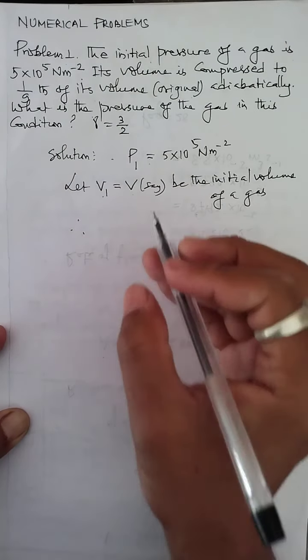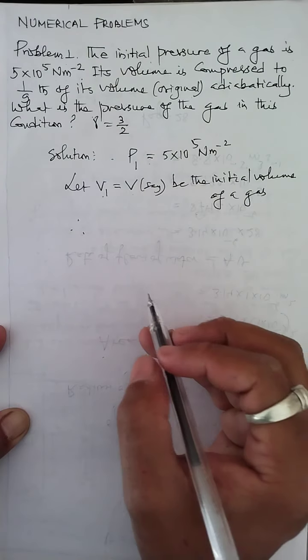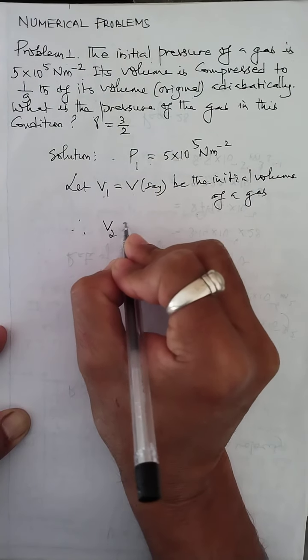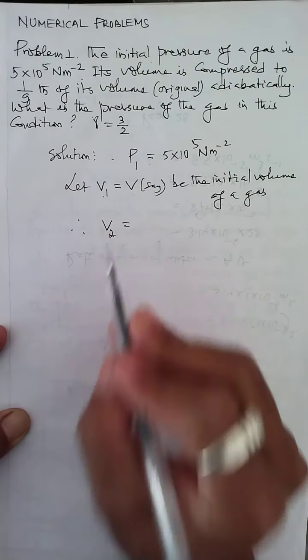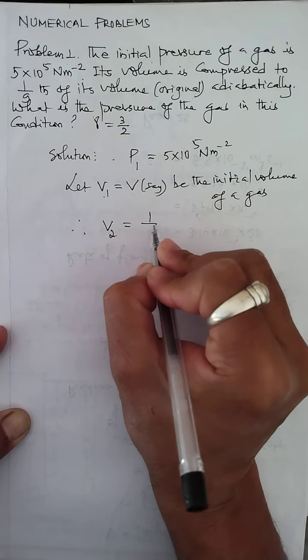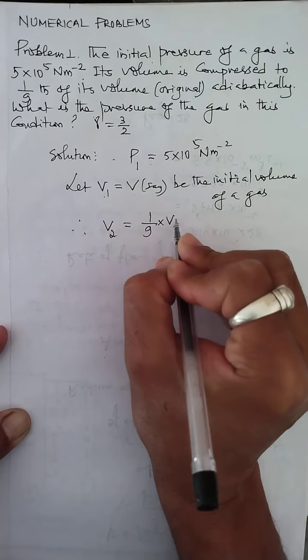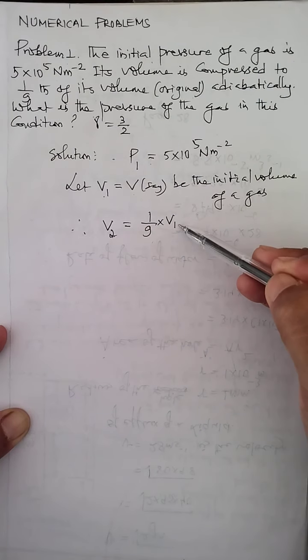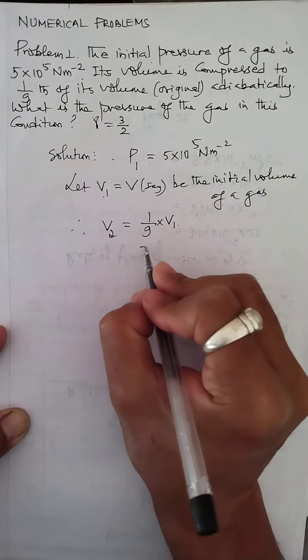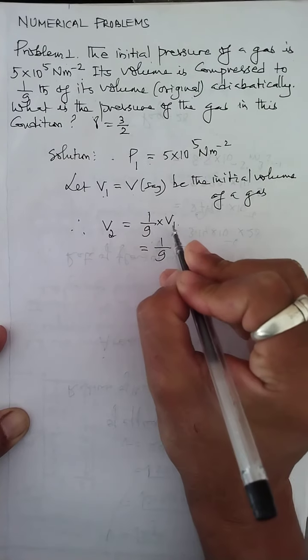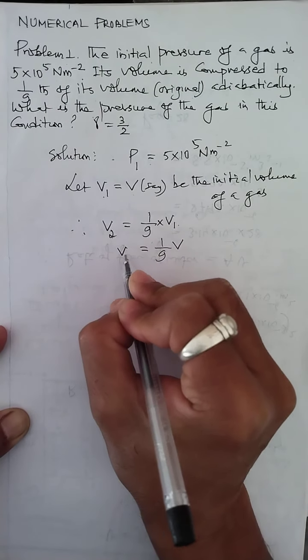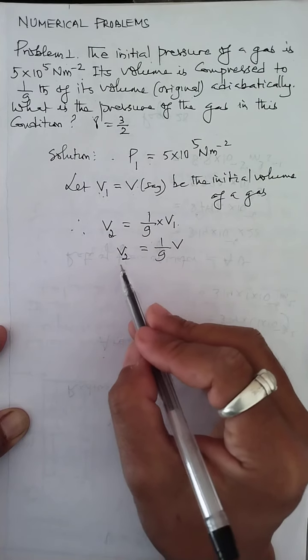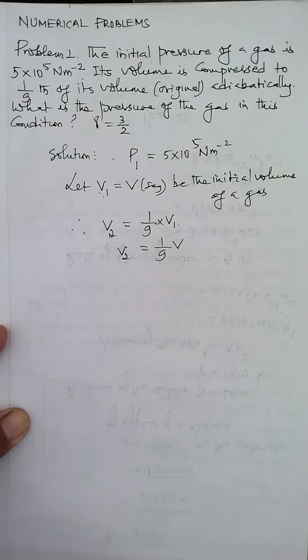So definitely we get the final volume, and that final volume is V2. Final volume is nothing but 1/9 of V1, because this volume is compressed to 1/9 of its original volume. So V1 is V, V2 is 1/9 of V.